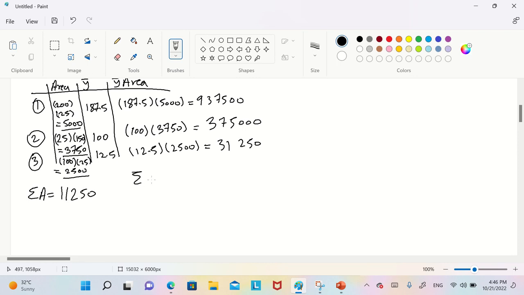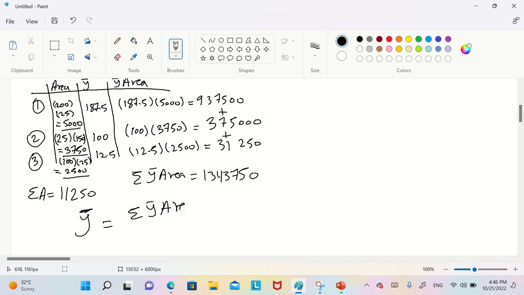And the same for y bar multiplied by the area, added together, you will get 1343750.